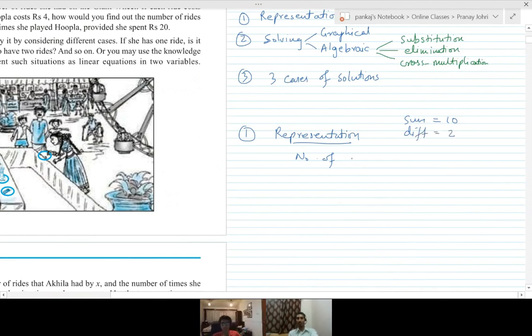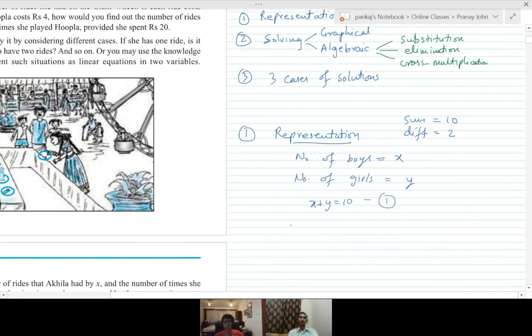Number of boys is x. Number of girls is y. Now you can tell me what is the sum? x plus y is 10. This is the first equation.